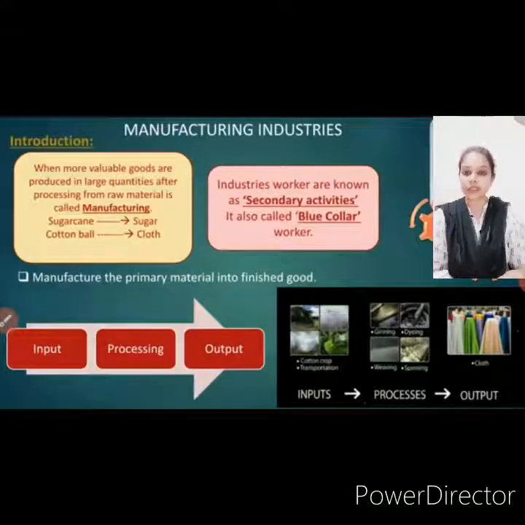Production of goods in large quantities after processing from raw materials to more valuable products is called manufacturing. It means when the production is in a large quantity, in a large number, and it is processed from a raw material, and this raw material is transformed into a finished good, that is known as manufacturing.